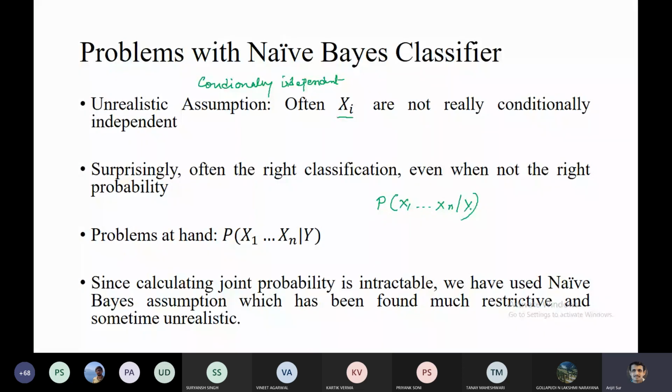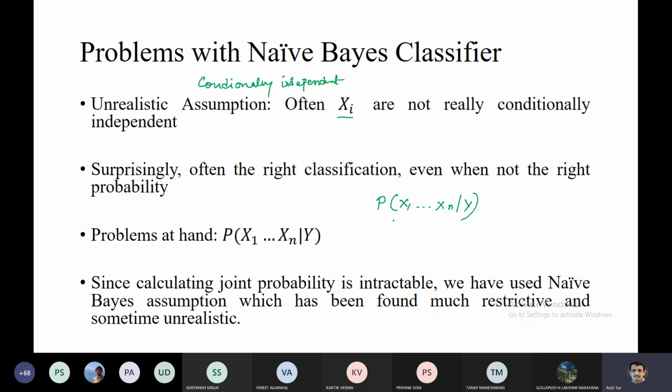That means we try to find out, given this y, the label, what the data distribution or data sample is. Now this data sample is multivariate.